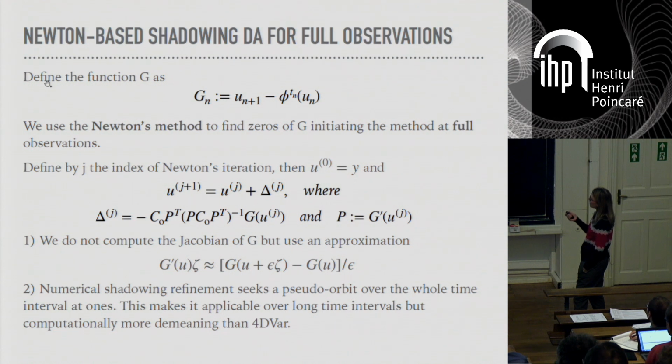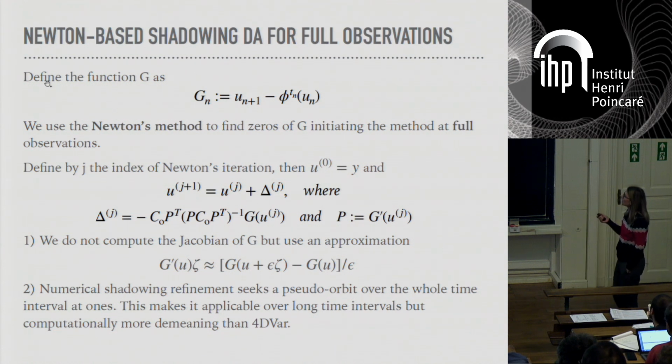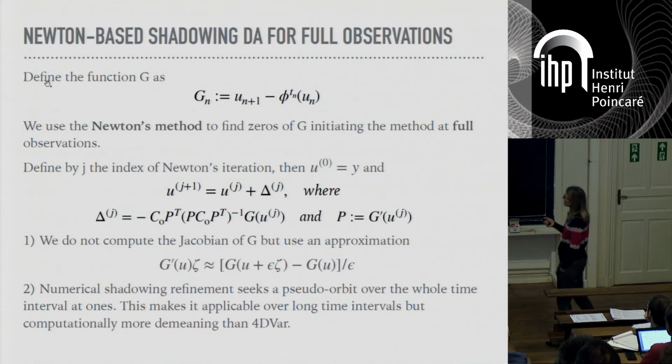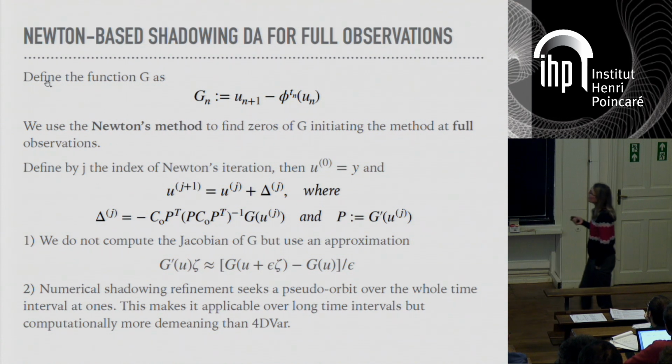The next Newton iteration is the previous one plus this correction delta, and the correction is defined in this way. So what are these? G of U is the difference, the residual, and P is the Jacobian of G, and C of U is the observation error.